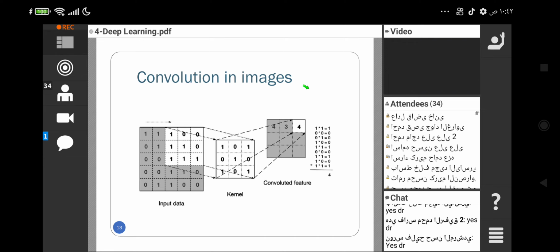So this is convolution. In convolution, we have a kernel moving on the data, and in every place it creates a result, which comes from the multiplication and the addition of data. That's what is happening in convolution.